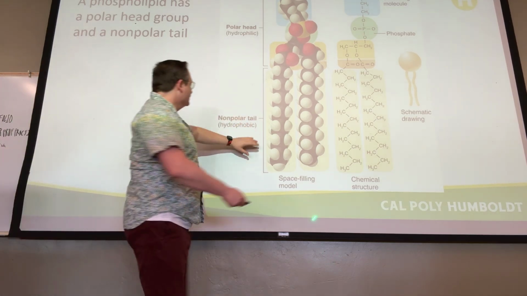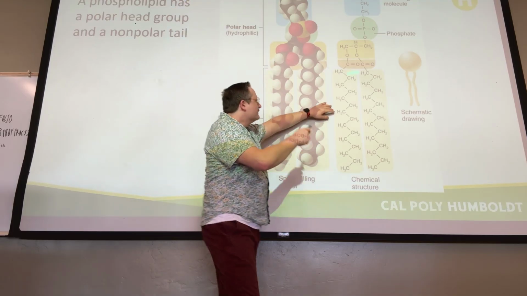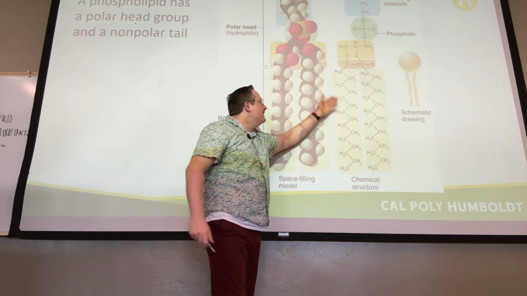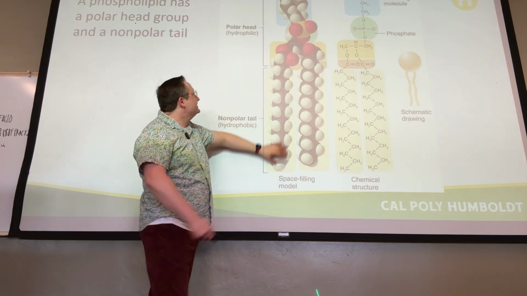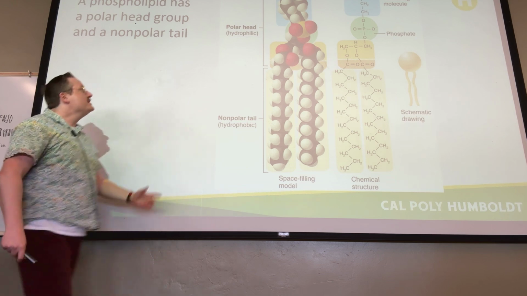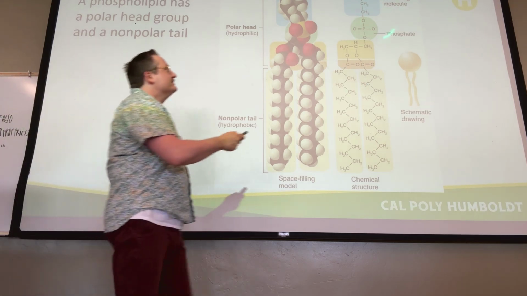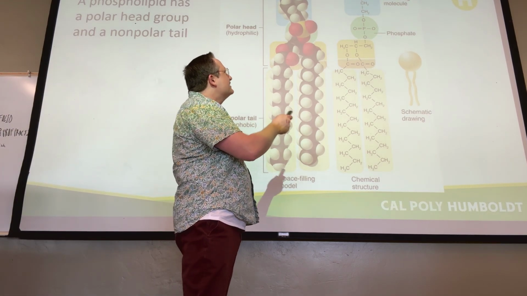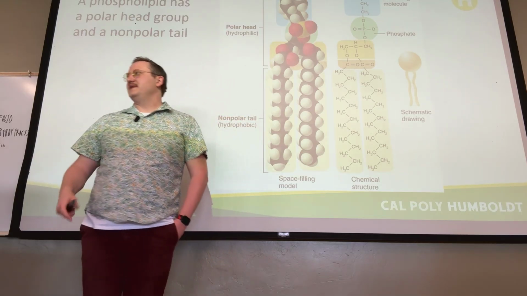So you've got this long tail of carbon and hydrogen. This is made up of nonpolar covalent bonds. Therefore, this region of the molecule is all nonpolar. Then you've got this polar head region, okay, that actually has charge to it. You can see this oxygen has a negative charge, this nitrogen has a positive charge. It's very polar up here.